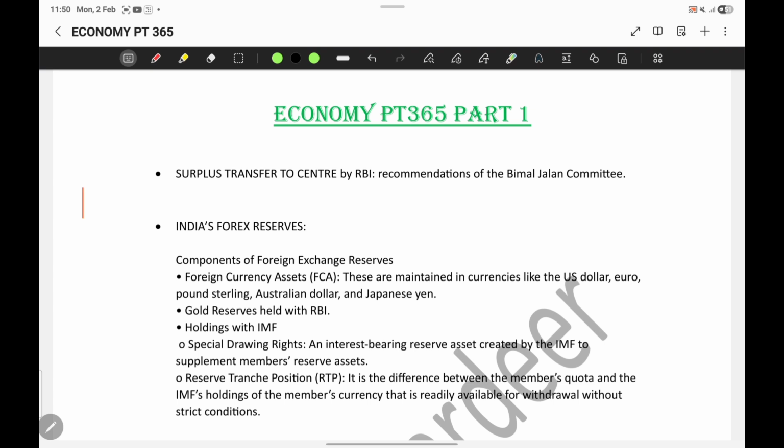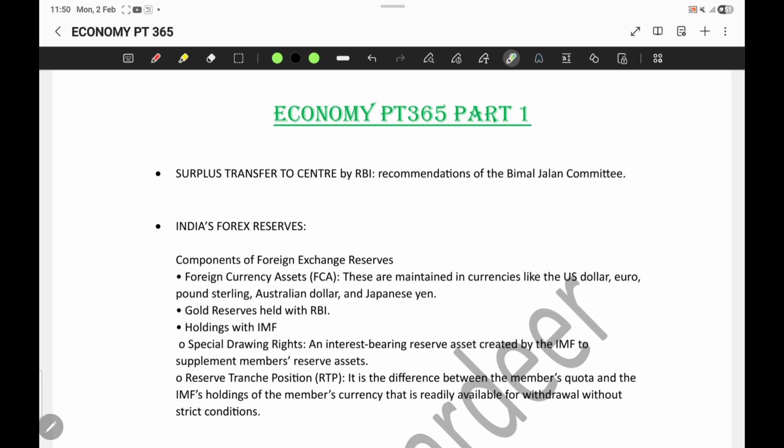So, as we have promised, we are going to integrate current affairs with the static and cover PT365, then PIB summaries and the India Yearbook. First we will cover economy PT365, which is divided into two parts, where the 120 pages of the biggest bundle book will be around 20 to 25 pages for revision, done by us.